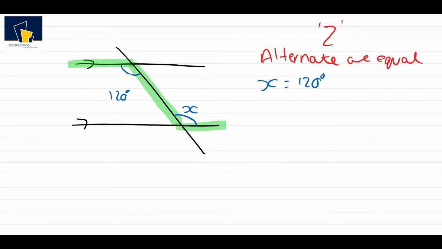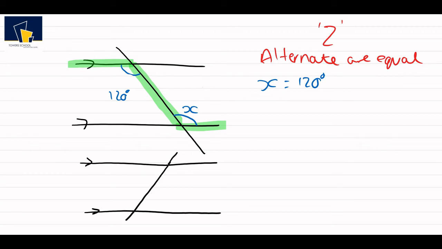Now you may see them where they're different. Let's say we had another set of parallel lines, and this time the transversal goes here. So let's say we are given this one here, and we're told that this is at 130 degrees, find the value of y.